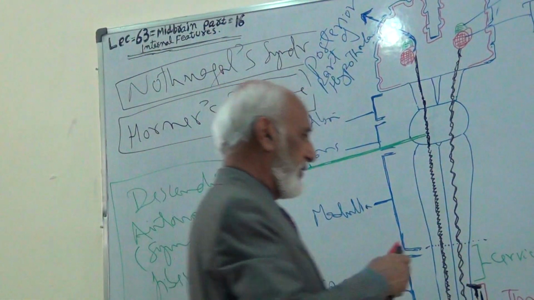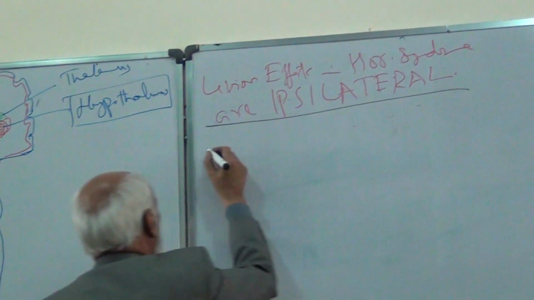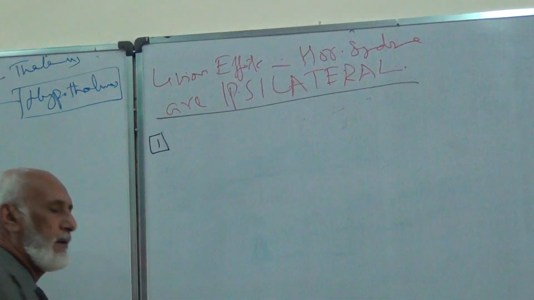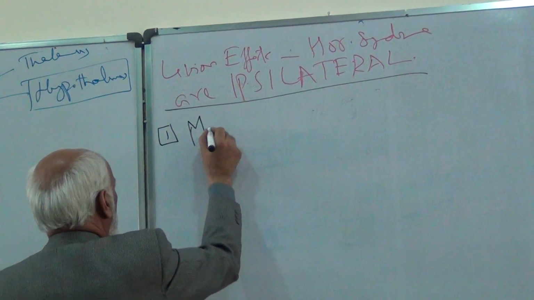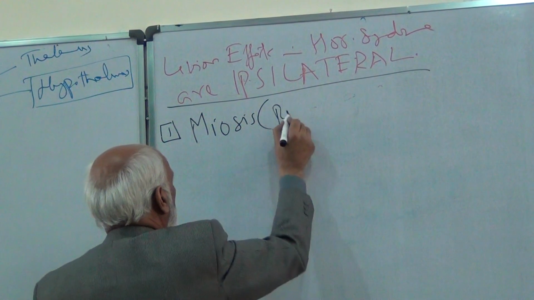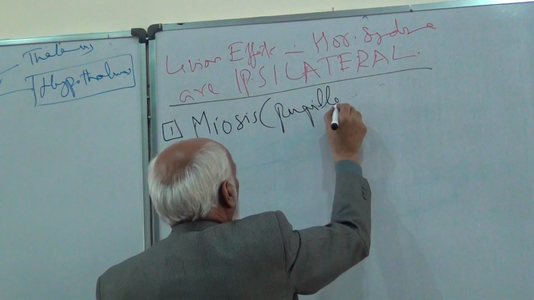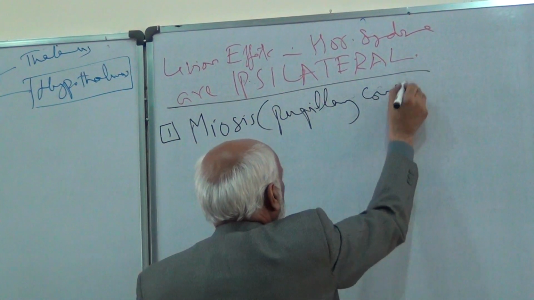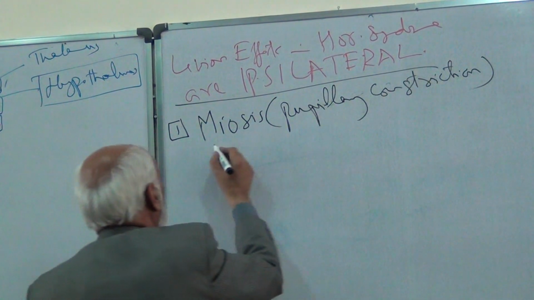Now, what will be its effects? All the lesion effects are ipsilateral. Number one, there will be miosis, that is pupillary constriction. The pupil will constrict.